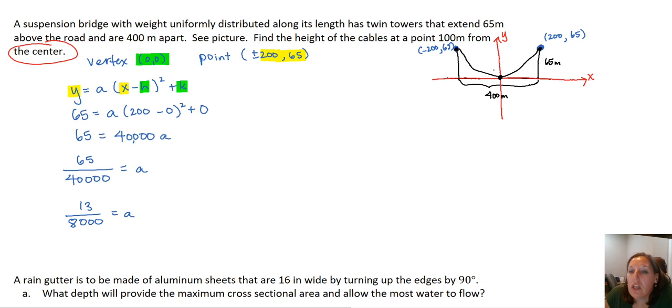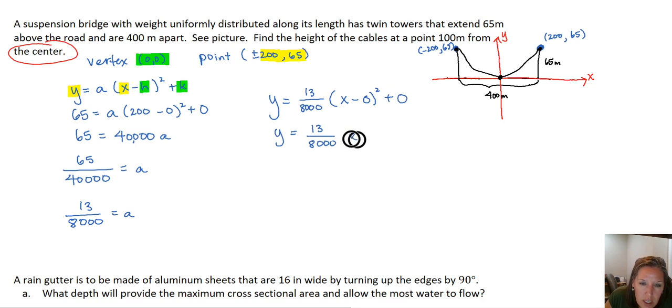So the height of our cables can be modeled by the equation y equals 13 over 8,000 times (x minus 0) squared plus 0, since our vertex is still at (0, 0), which is the same thing as y equals 13 over 8,000 times x squared. The x coordinate here is giving us our distance from the center, and the y coordinate is giving us the height of those cables.